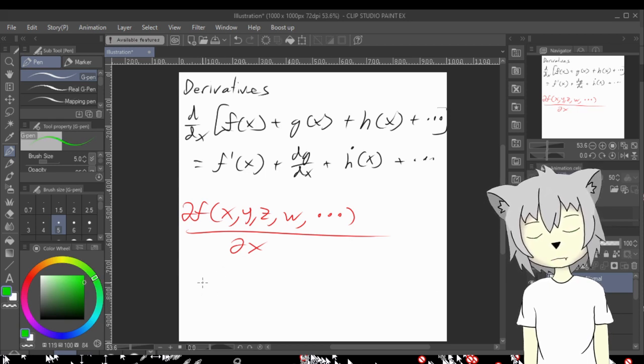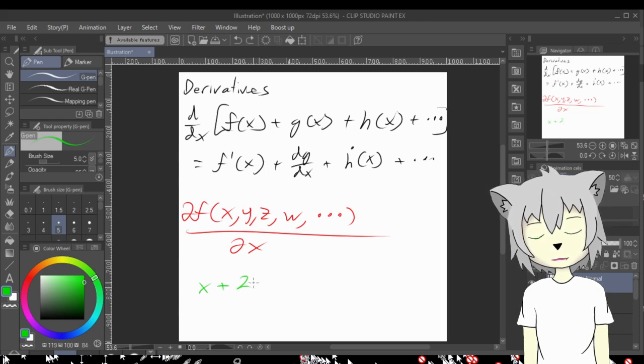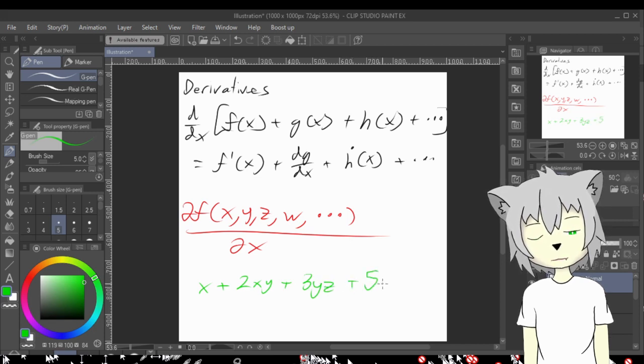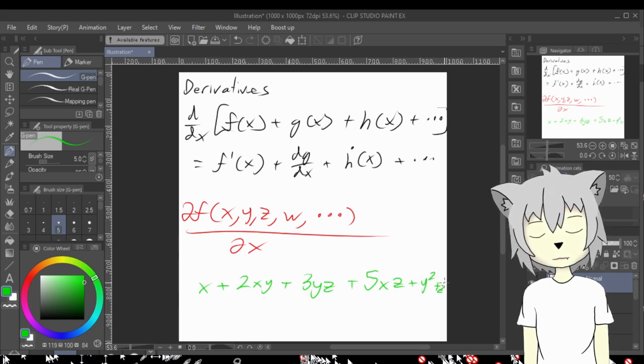But multivariable functions, given any function x plus 2y, 2xy plus 3yz plus 5xz plus y squared plus z cubed.